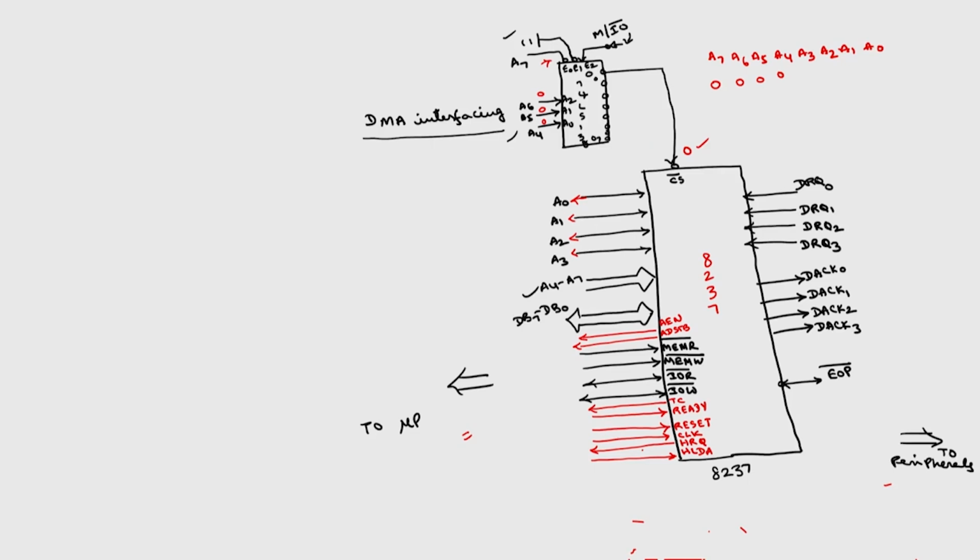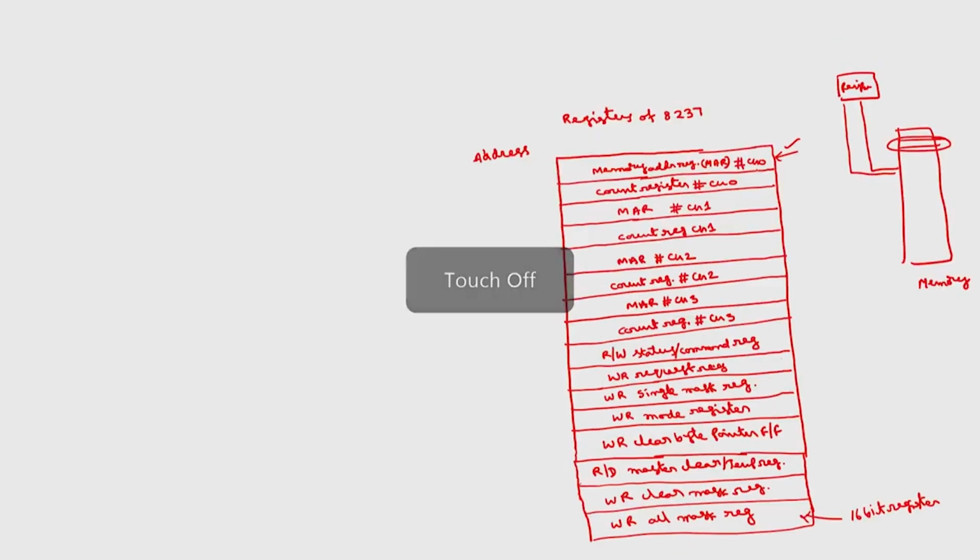After that A3 to A0 is going to select the channels. If this is 0, 0, 0, 0, it is the first address. So, the first address will be the memory address register of channel 1, and this address will be 00H.